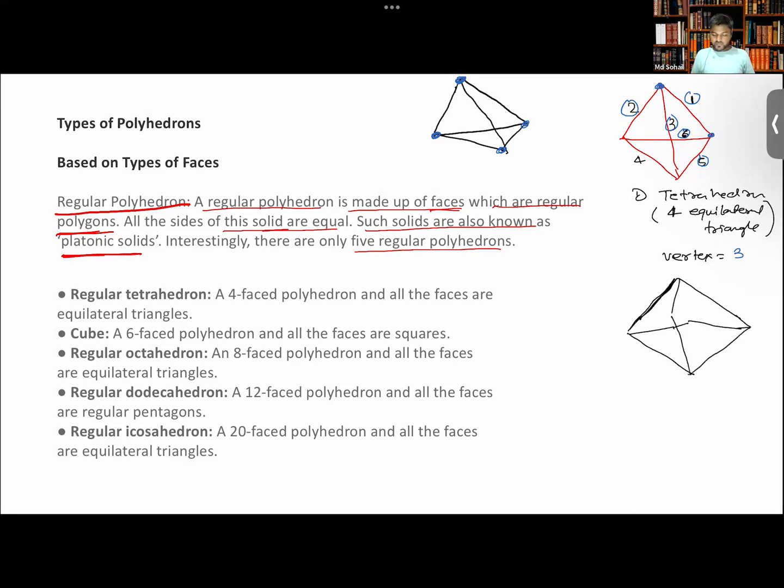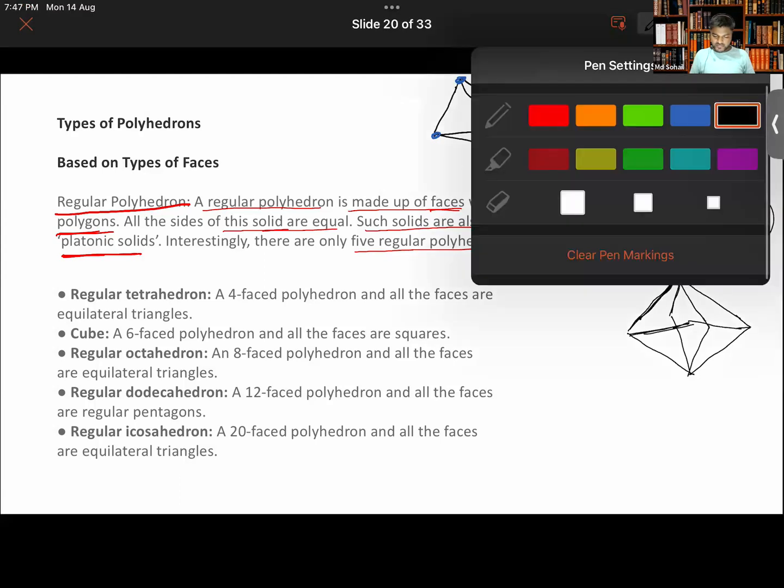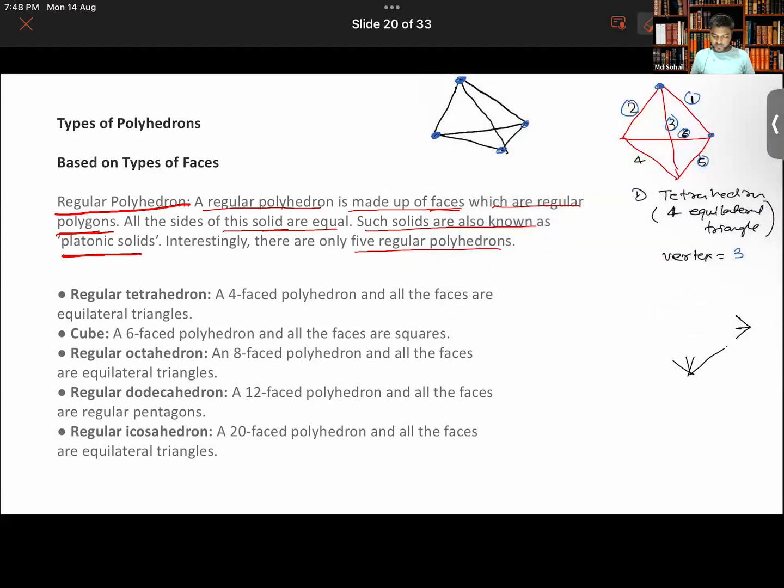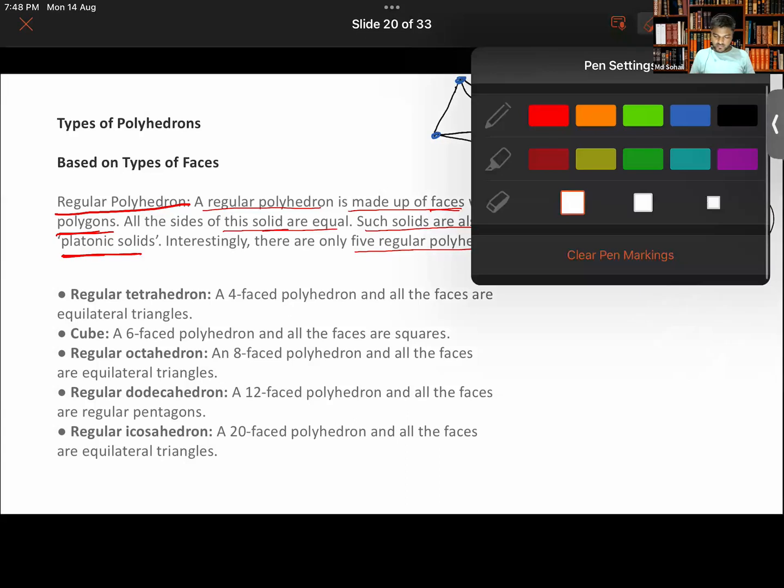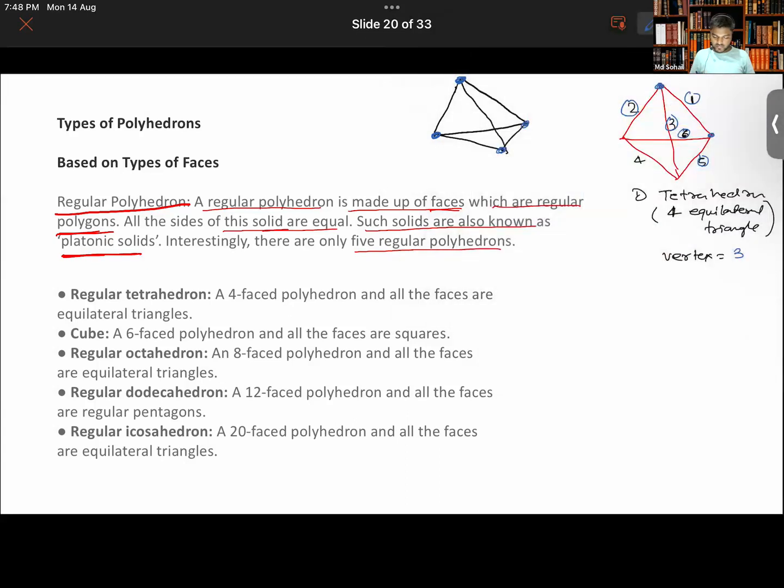Then you join it from over here. Then let's join it from over here. And then further. I guess the diagram is not appropriate. Just give me a moment. Like this from here.